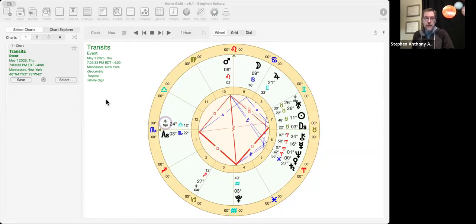And the ascendant and the descendant always oppose each other, and so do the nodes. The nodes always oppose each other. The true north node is in Pisces. The south node is in Virgo. These are always opposing each other.